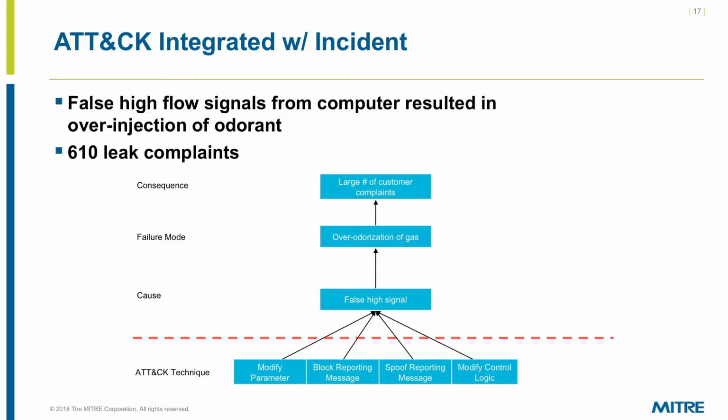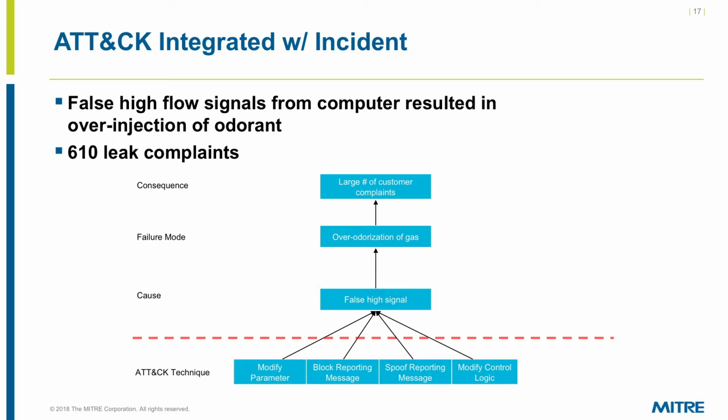So in order to understand what we have to do in terms of adversary emulation and connecting it back up to the attack model for ICS, now we start to think about specific techniques that we can use in order to accomplish the cause. So I have a number of them listed there. And these could be starting points for us to think about how we would get the ultimate consequence.